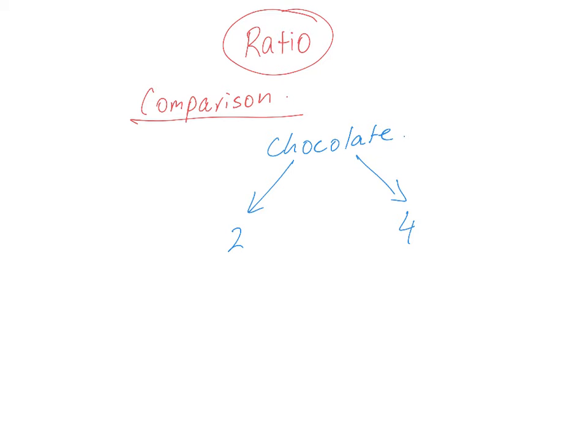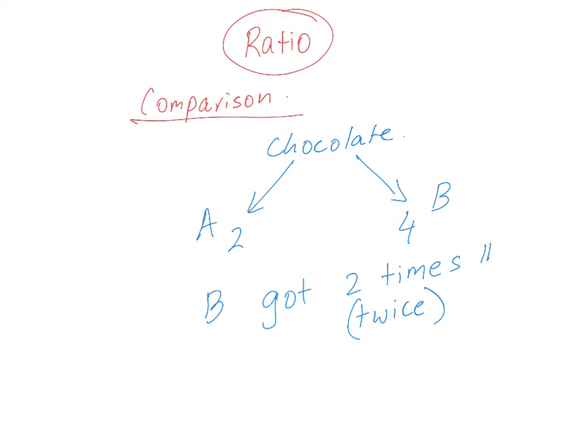So we can say, hey, student, let's call them A and B. So student B got two times or twice the amount of chocolate as A.